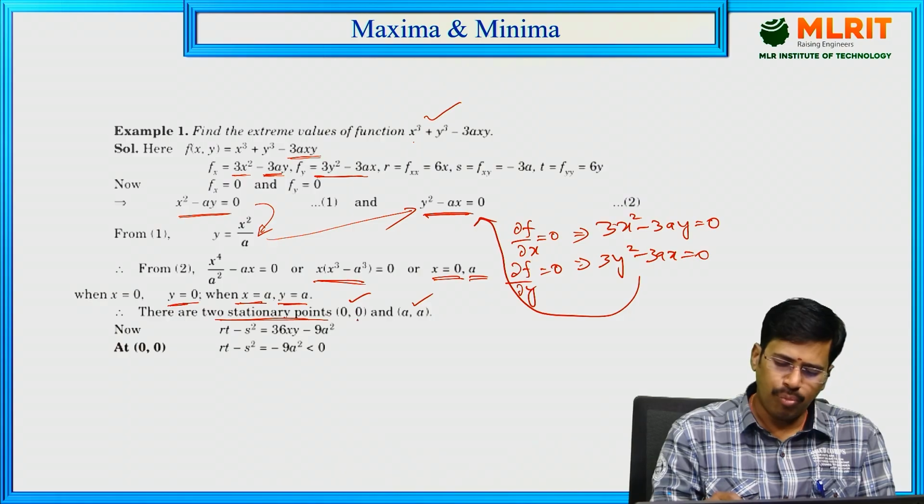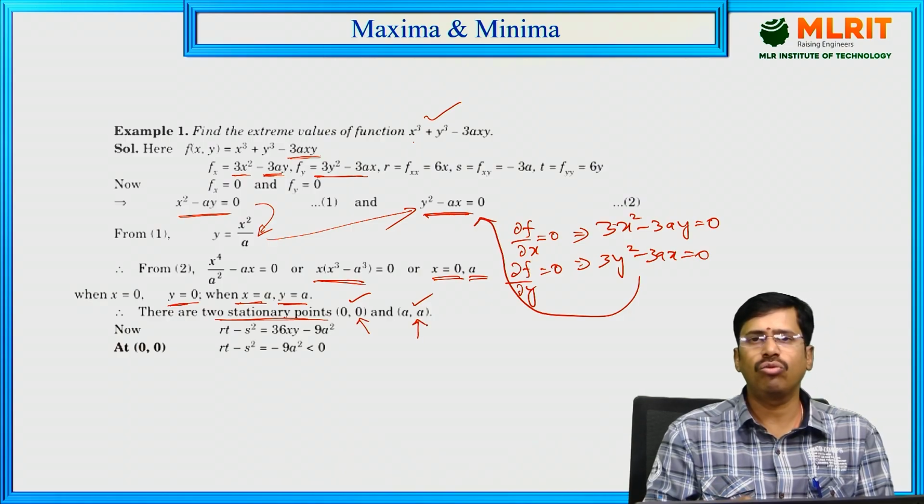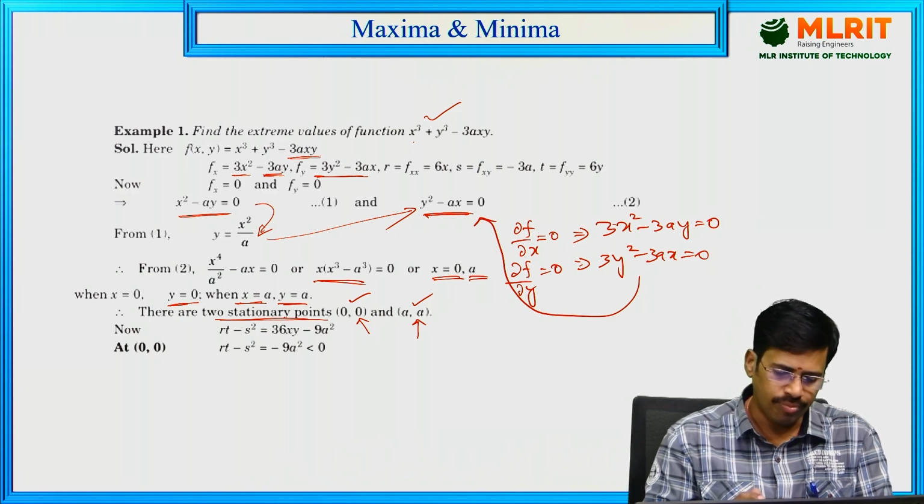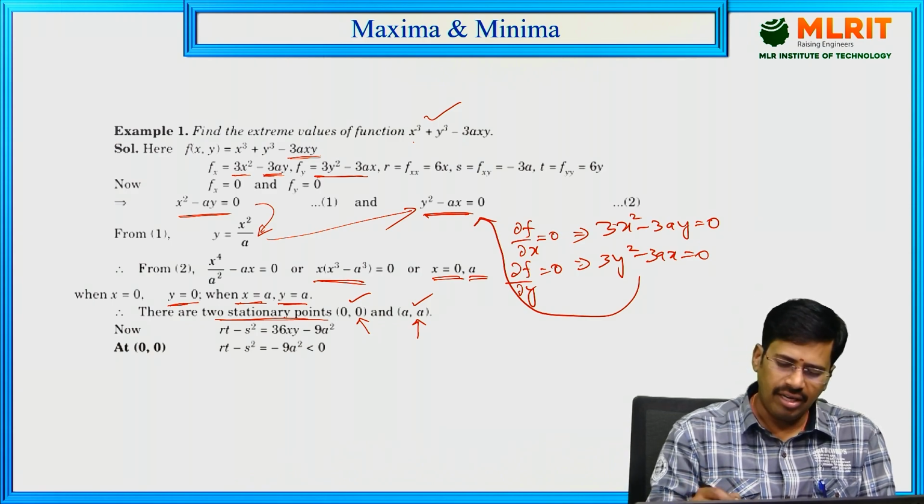At these points (0, 0) and (a, a), we have to check whether the function has a maximum or minimum value. For that we require r, s, t.